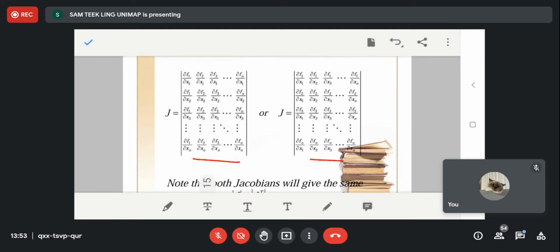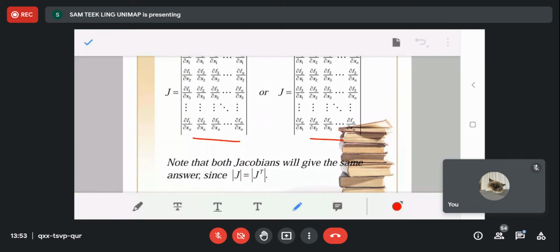This is okay. Only the determinant. You can see the determinant of J, the Jacobian, equals the determinant of J transpose, where T is transpose.